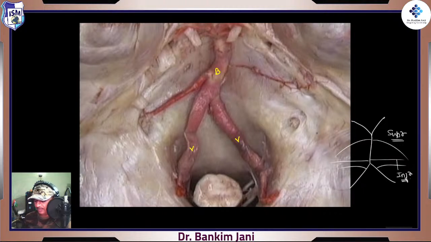One is emerging from vertebral, one is emerging from basilar, right? This one is also from basilar, but superior is separate, inferior group is separate. In the inferior group there are two, so we'll call this one anterior and this one posterior, right? And they are cerebellar.